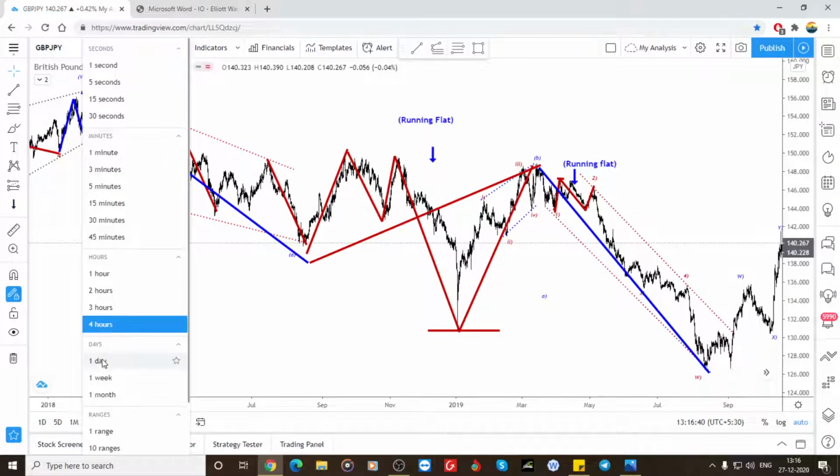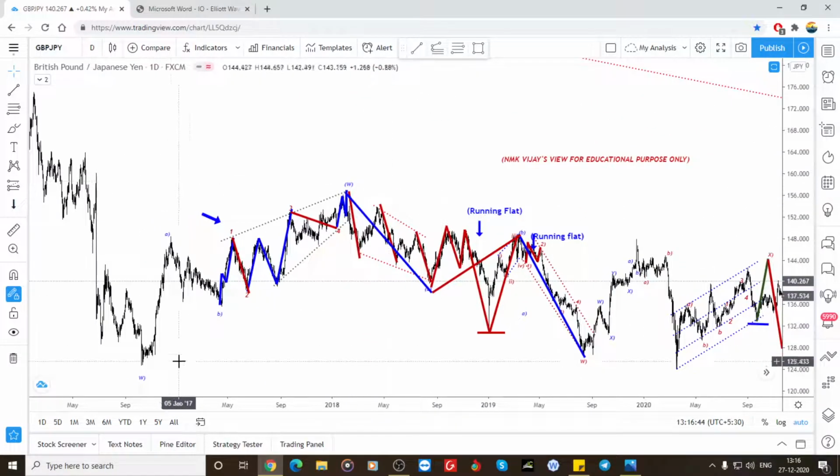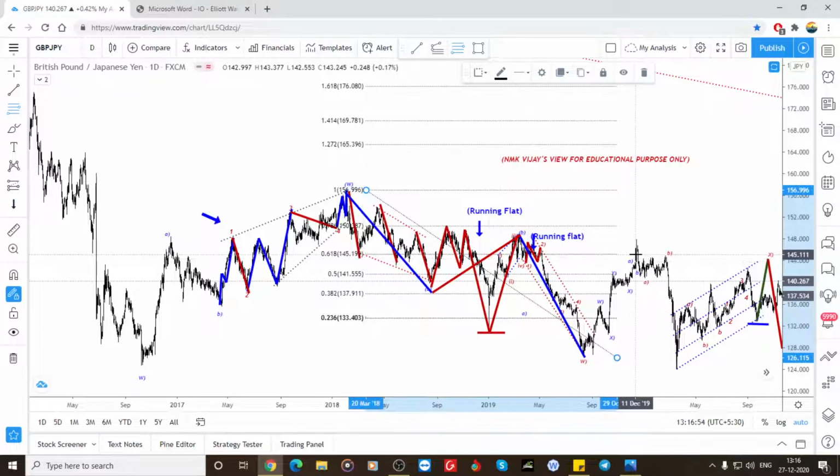I will go through that daily chart. See, this is the one simple correction ended, right? So for example, here it's achieved, see, 61.8, the golden ratio of the retracements. So this is the one correction and this is the connecting wave, this is another correction.